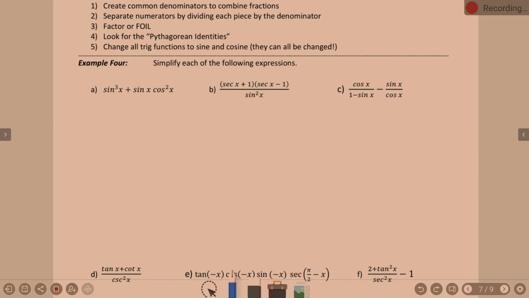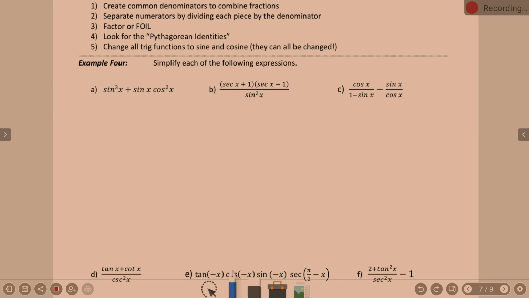Any thoughts? Try to factor or FOIL this. Okay. One type of factoring that we talk about is GCF. Is there something in common here? Sine x. Do both terms have a sine of x?